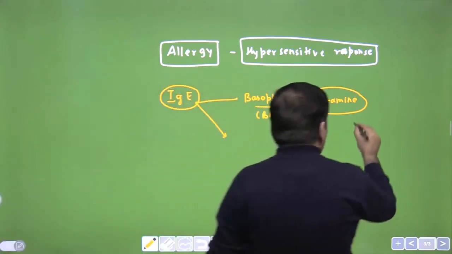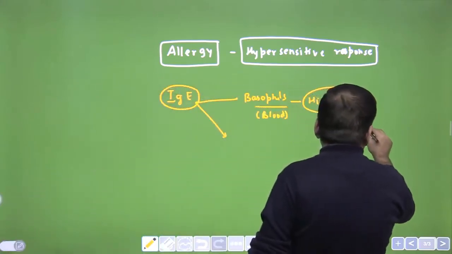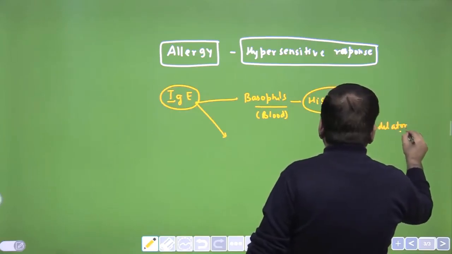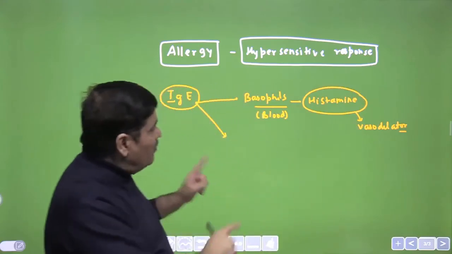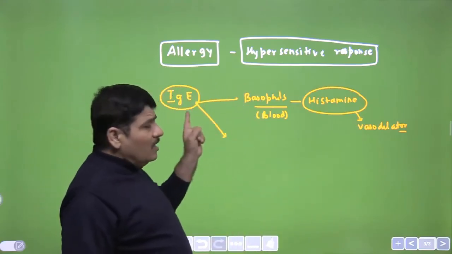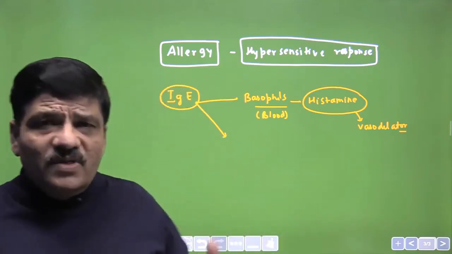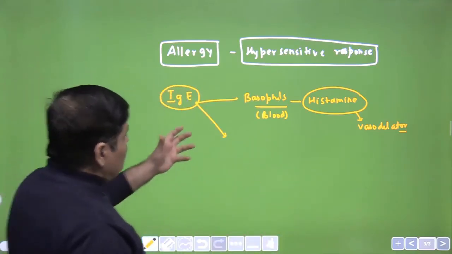And we already know that histamine is a very potent vasodilator. Something which is released in blood is very important, so please remember again, I am talking about the rare event that IgE evokes a response from the basophils. The basophils release histamine into the blood.